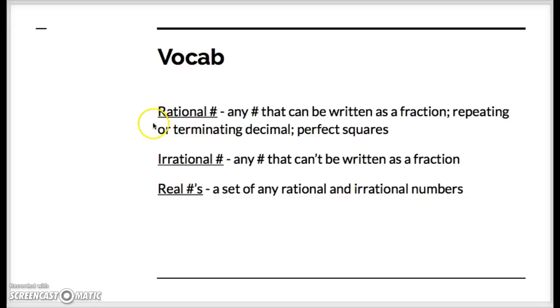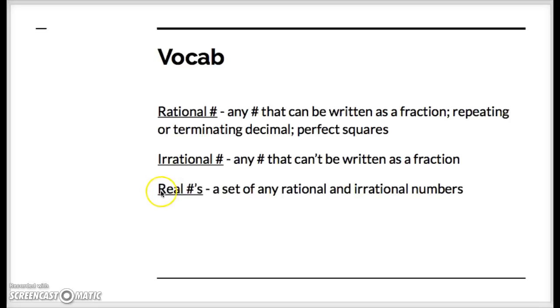Now if you take all of the numbers that we've talked about, all of the rational numbers, all of the irrational numbers, and put them together in a set, those are called real numbers. So it's any set of rational and irrational numbers put together.